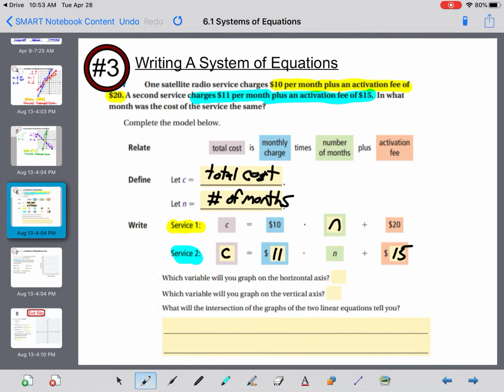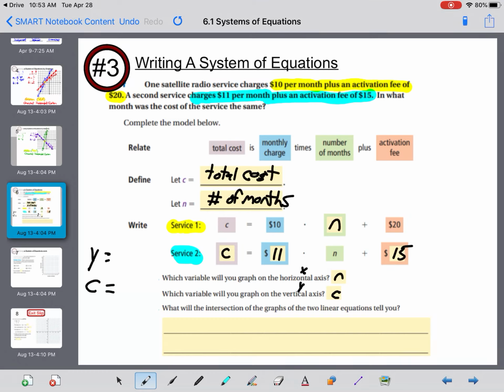Which variable will we graph on the horizontal axis? So, horizontal is X, vertical is Y. If you take a look at our equation, usually we write our equations as Y equals. But with both of these services, the equations we just wrote say C equals.